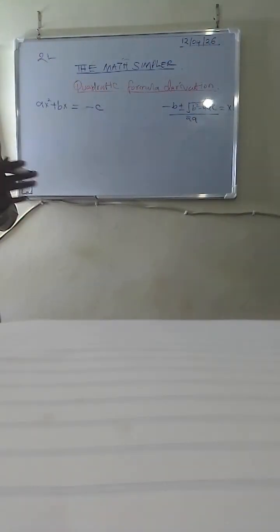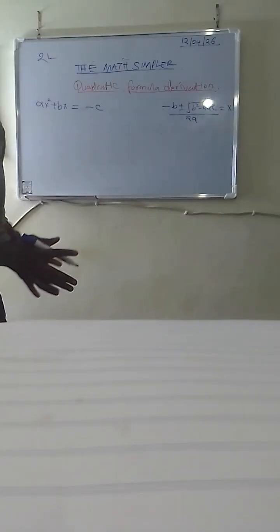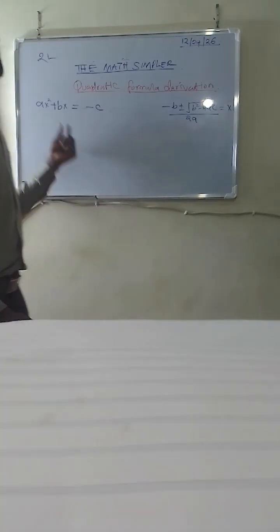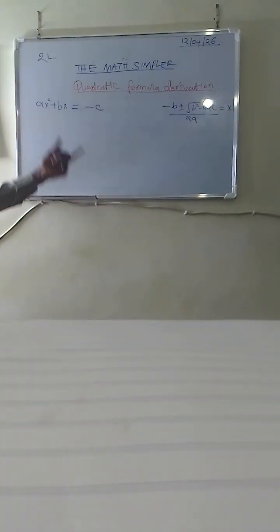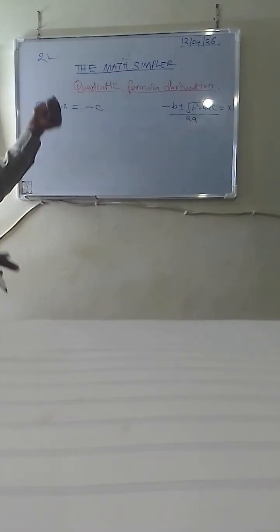By the completing square method, the first thing we are going to do is to make the coefficient of x squared 1. In this process, the first thing you do is making the coefficient of x squared be 1.